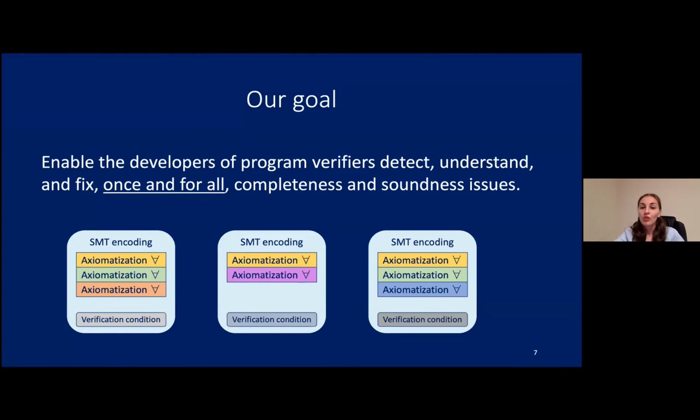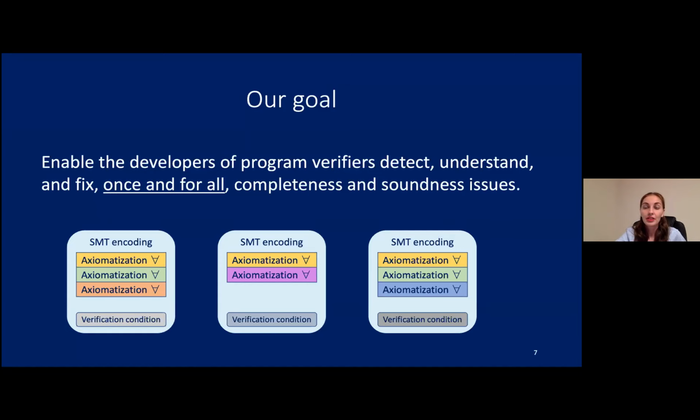So the main goal of our work is to enable the developers of program verifiers to detect this kind of incompleteness and unsoundness issues, to understand the root cause and to fix them once and for all. And this can be done because the SMT encodings of various programs and their specifications are quite similar. They can share parts.